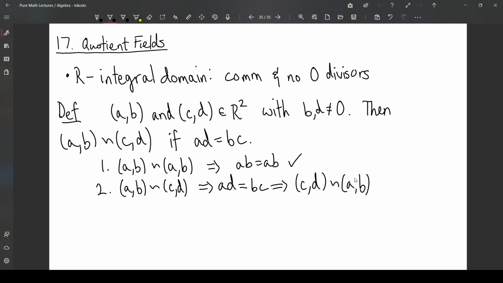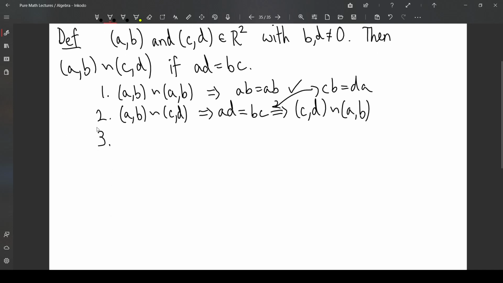But this is true because the multiplication is commutative. It's like this is saying CB equals DA, and these are obviously just the same statement because our ring is commutative. Okay. And then the only non-trivial one is transitivity.